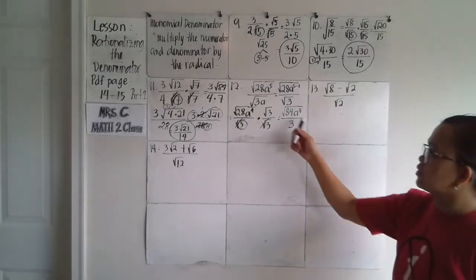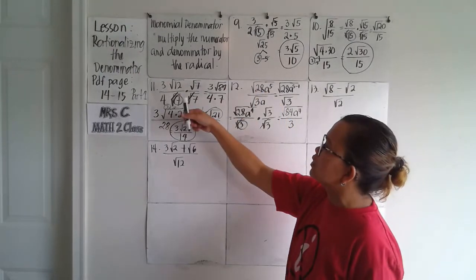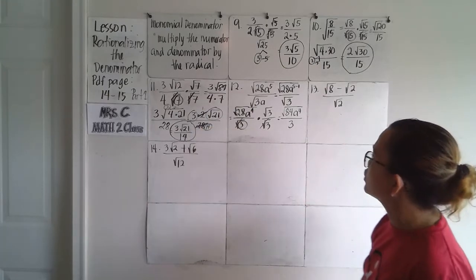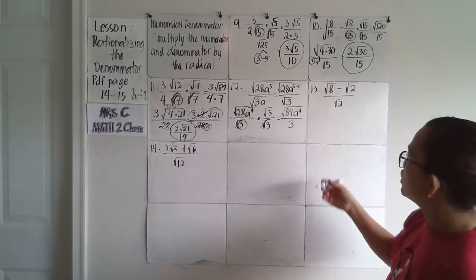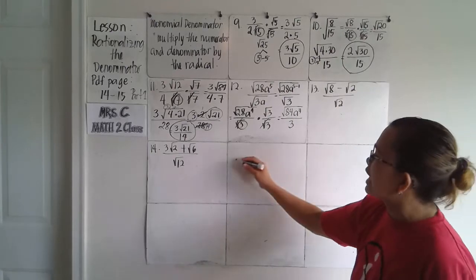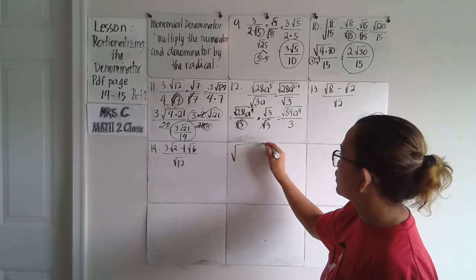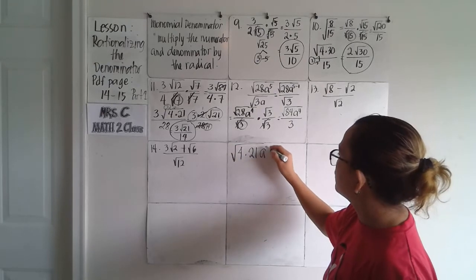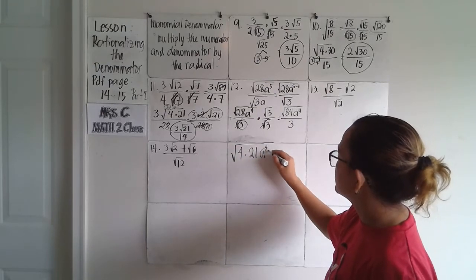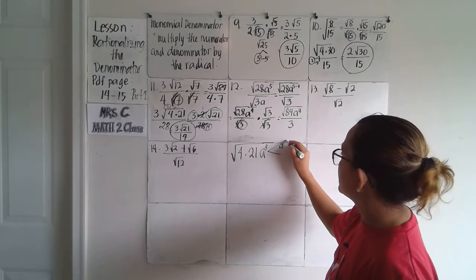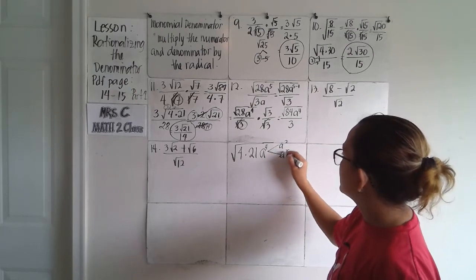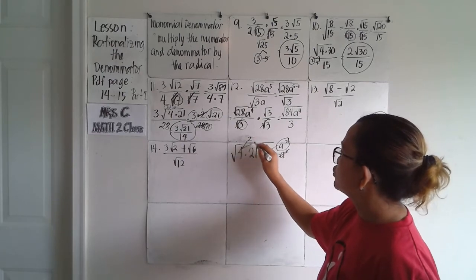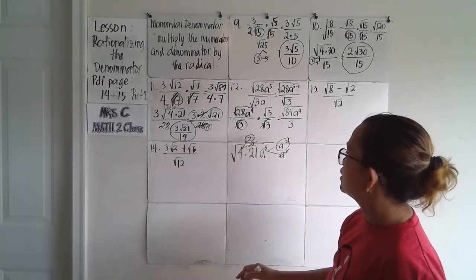Now, the factor of 84: if you go back to number 11, we did that already, and our answer is 2 square root of 21. You may do that if you want, but we can do that again for the second time. So 84 is 4 times 21, while a to the fourth can be simplified by a squared and a squared. Cancel, take 1. 2 and 2, cancel, take 1.